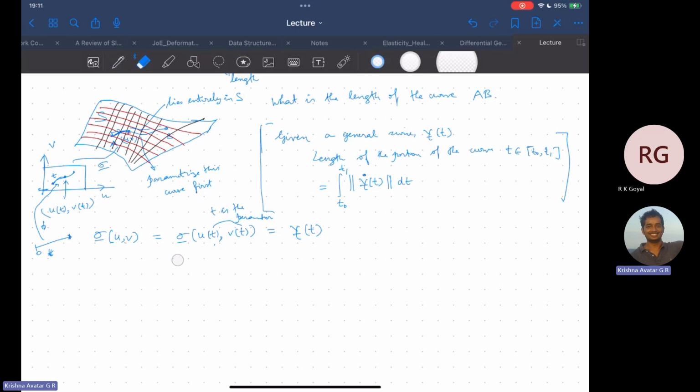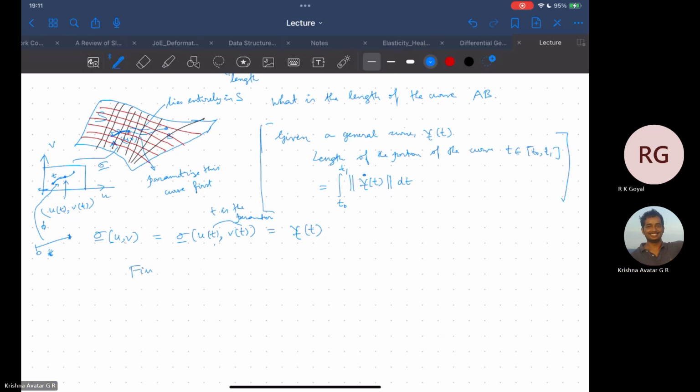So strictly speaking, this is sigma composed with phi of t. But we'll not go into all this composition of maps, unnecessary complications. We'll just stick to what we are doing. So once we have a curve, then we know what to do.